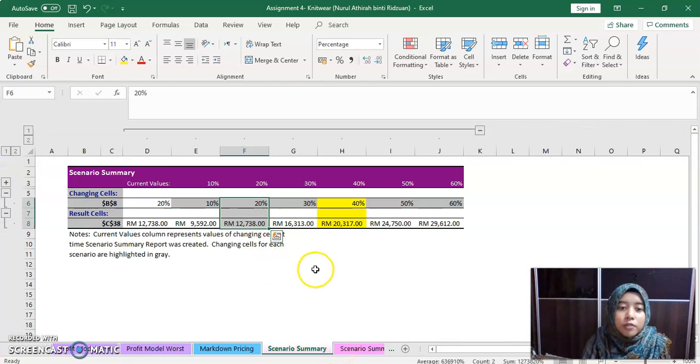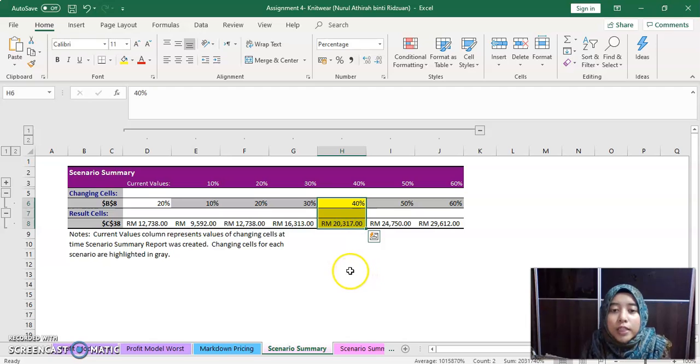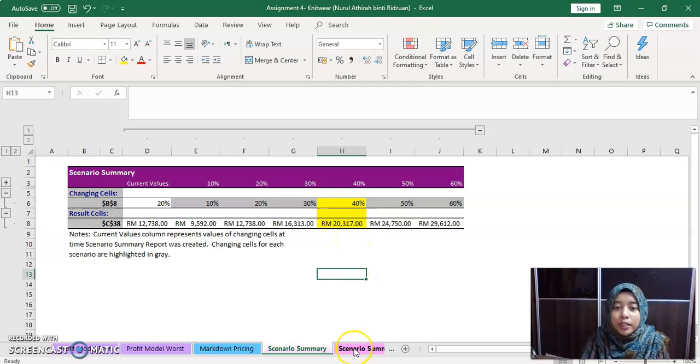In the scenario summary, before this, the 20% gives 12,738 ringgit. I decided to have more total revenue, so I get a positive number rather than a negative. So I decided to choose 40%. It is 20,317 ringgit. How about if we change the inventory, intermediate sales, and clearance sales?